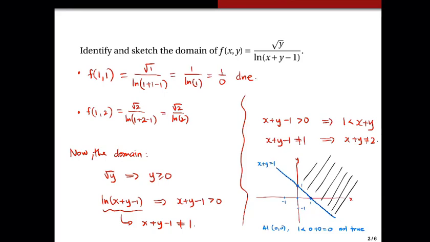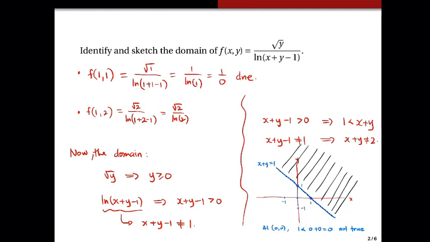Okay? Furthermore, we have this x plus y not equal to 2. So let us sketch the line x plus y equals 2. And since we don't want x plus y to be equal to 2, it means we have to remove that line also from the domain.